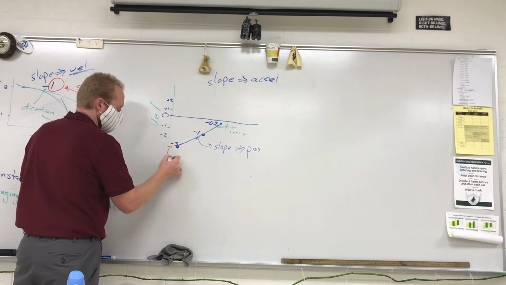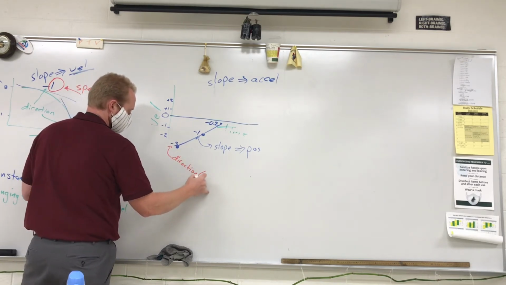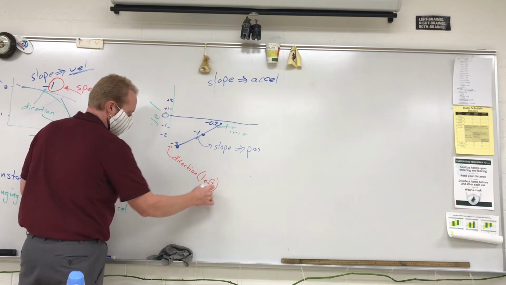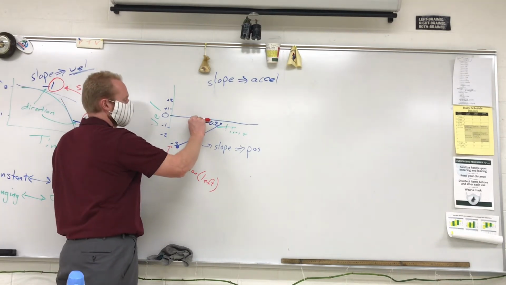Remember, the negative tells me the direction. If we're talking about the x direction, it's saying it's moving left. But the number is the speed, so it was going 3, now it's going 1, now it's going 0.2. It's slowing down. It's getting closer to this 0 mark.